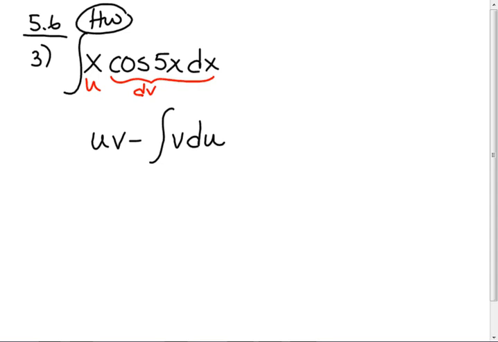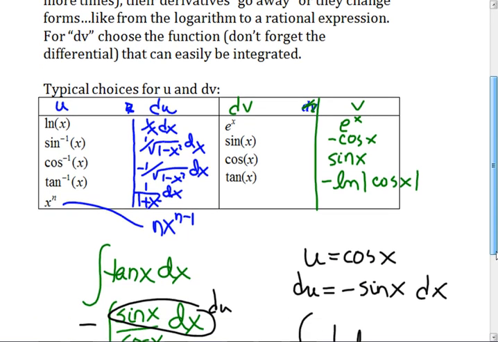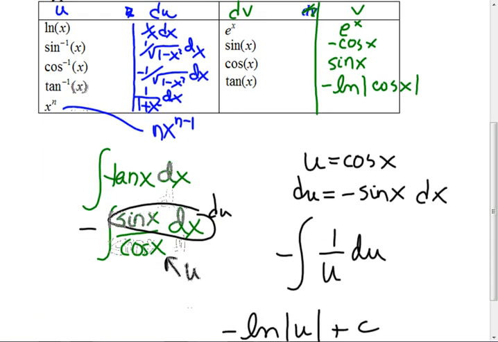If you look at my little chart, I said you want u to be the one that goes away. The x is the problem, not the cosine. So if u is equal to x, I want u to be the one that goes away. The power rule. These are what I want to be u.